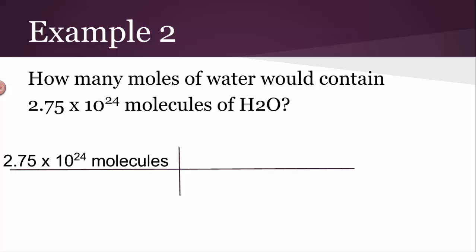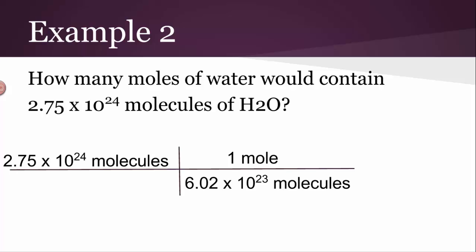Now, on the right, the unit I'm trying to get to, the unit my answer is supposed to be in, is moles. So I need to put that on top. Moles has to be on top. And I've got molecules to start with, and I need to get rid of molecules. Well, the relationship that we're working with here is always the same. 1 mole is equal to 6.02 times 10 to the 23rd molecules in this case.